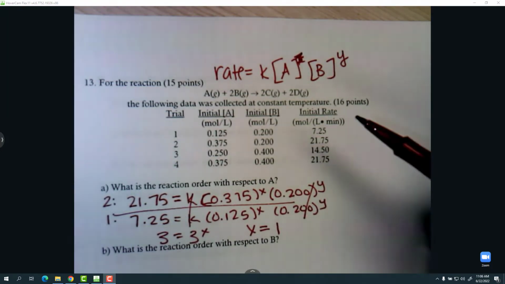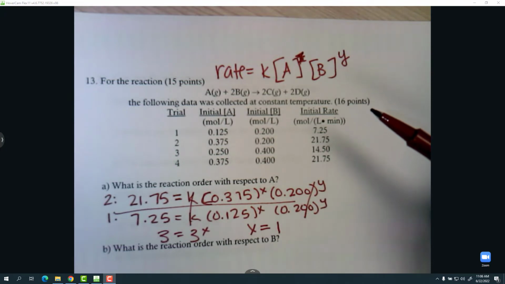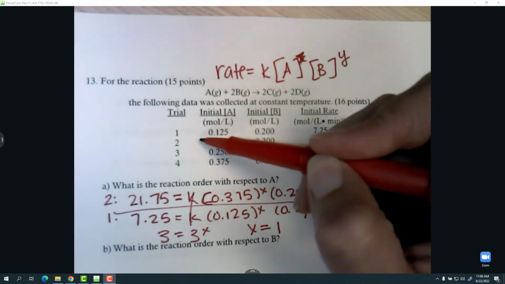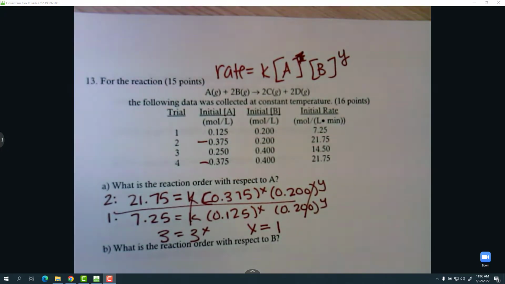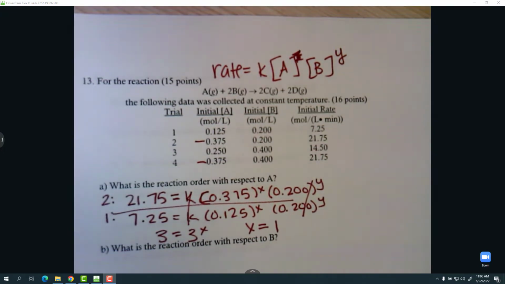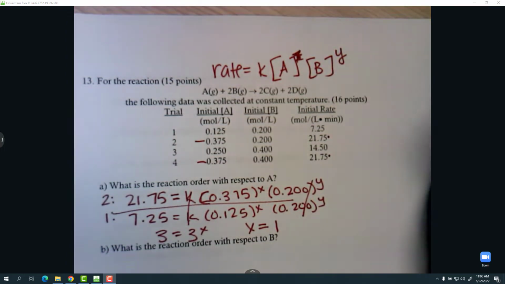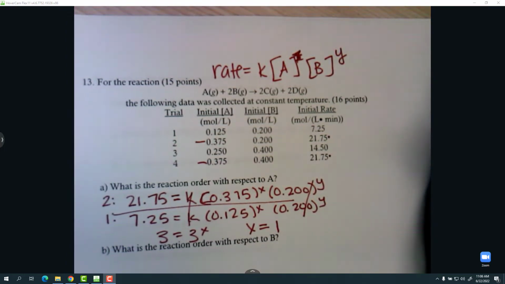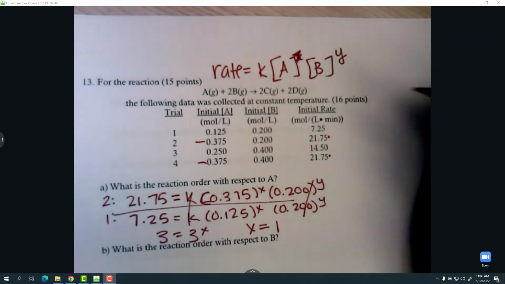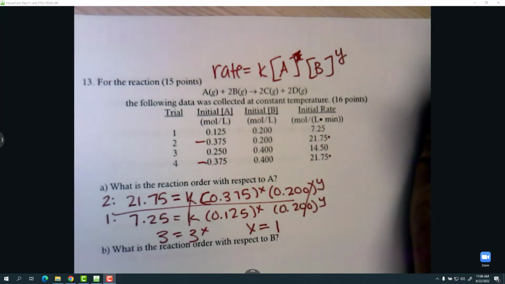I'm looking for a place where B changed, but A didn't, and it looks like I need to pick 2 and 4. So I've got 0.2, yeah. And actually, I don't even have to do anything for this one. I could do the same thing, but when I look to see if I want to write it with the bigger rate on top, and I see they're the same, that means when I change the concentration of B, nothing happens.